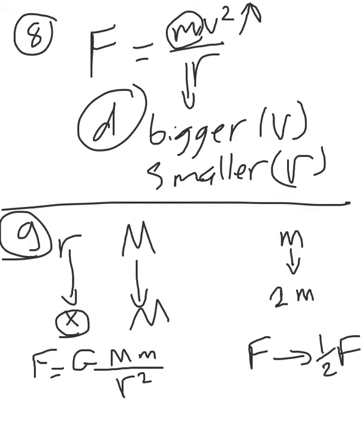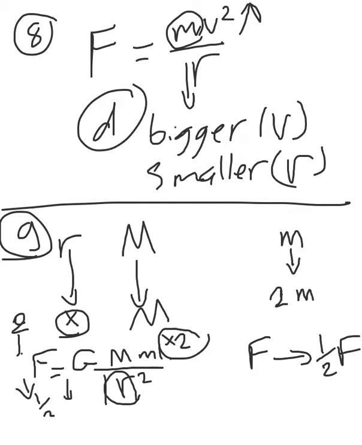He said that the mass is doubled, and we want to see what will happen to the radius to make the force go to half. If the mass is doubled, the force doubles. But I want it to become half, meaning it must decrease 4 times.